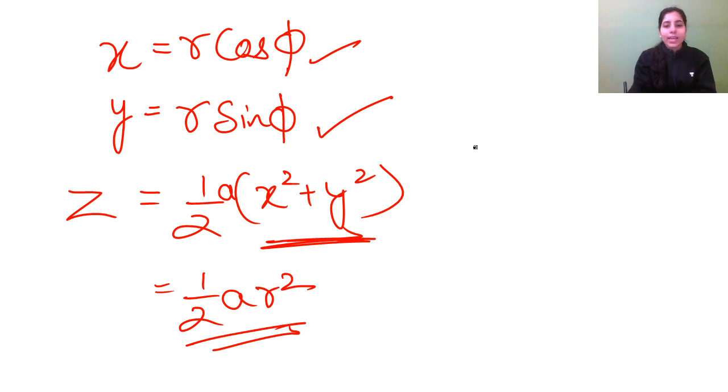See, when we are saying x dot, what it means? With respect to what we need to do the differentiation? We need to do the differentiation with respect to time t. So it will become dx by dt. Clear?